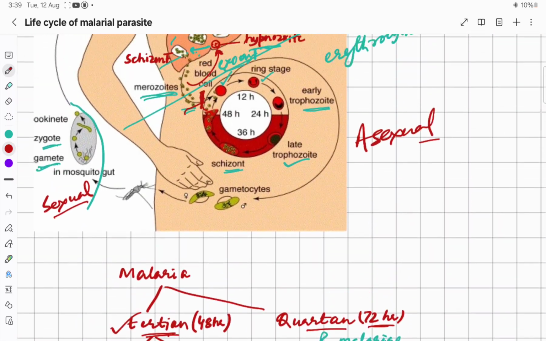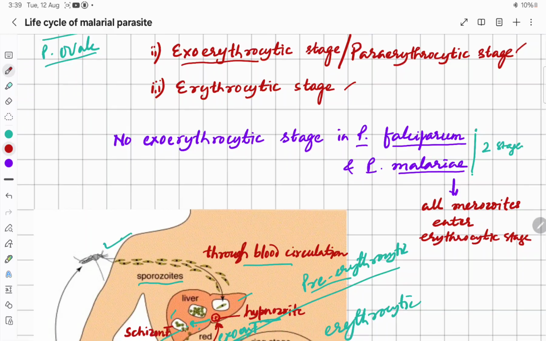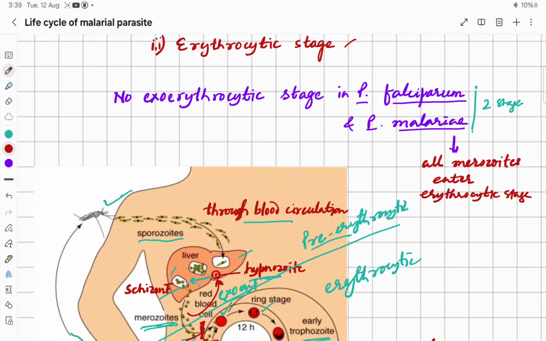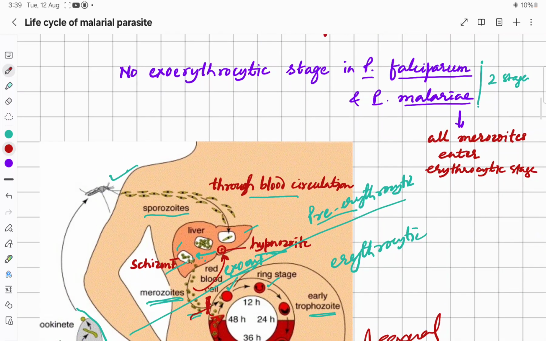In the case of Plasmodium falciparum and Plasmodium malariae, all the merozoites are released into the erythrocytic stage. There is no attack on fresh liver cells, so there is no exoerythrocytic stage in Plasmodium falciparum and Plasmodium malariae.